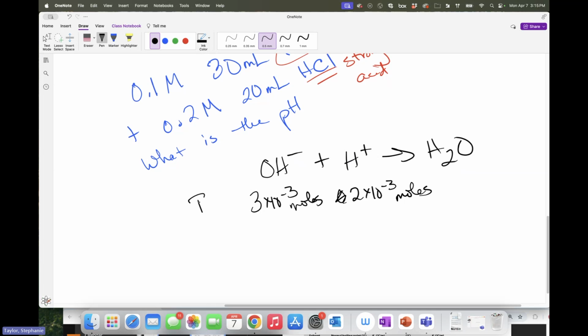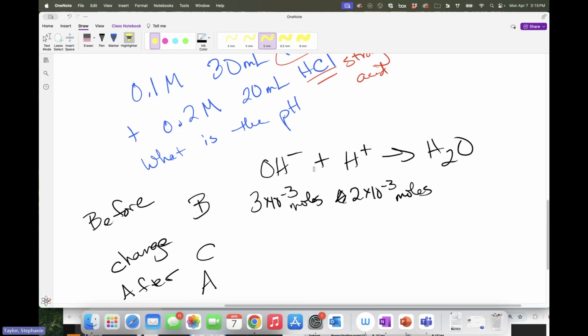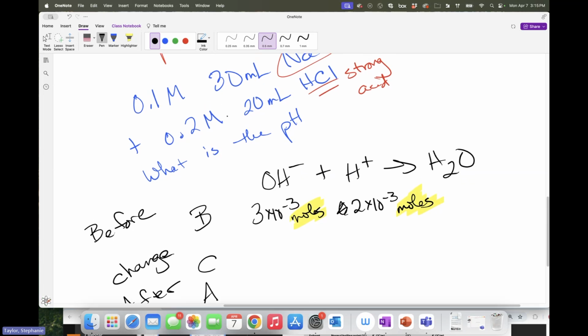In my class, I've been referring to these as BCA tables, BCA standing for before, change, and after. These are all in moles. The ICE tables that we still need to know how to do are in concentration units, molarity, but these are in moles. So I'm using the molarity times the volume to get any of those values.